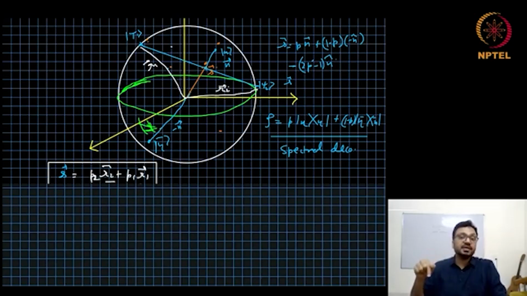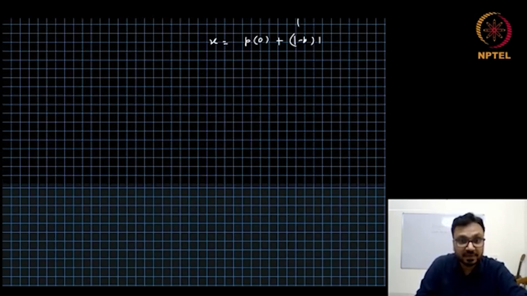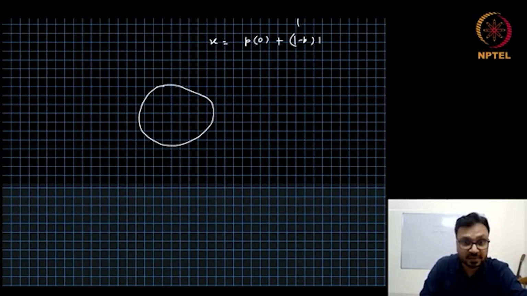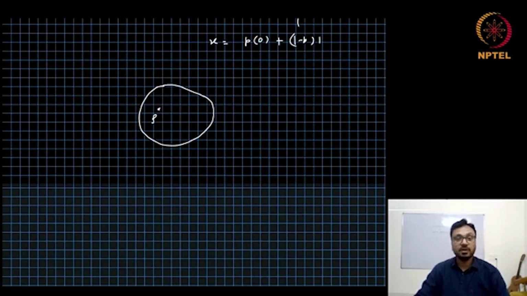Let me draw it here. We have a smaller circle, not a radius one circle, and the density matrix rho will be somewhere in this. So now we can find a triangle in this such that rho lies in this triangle.